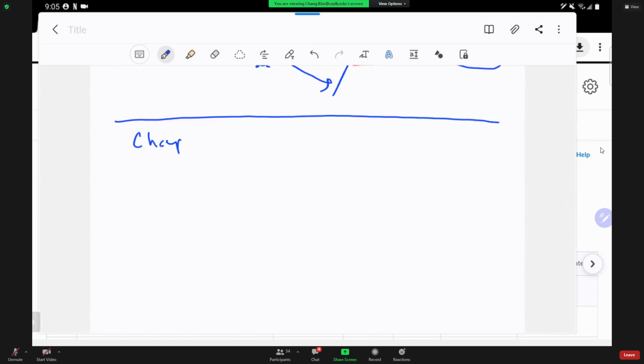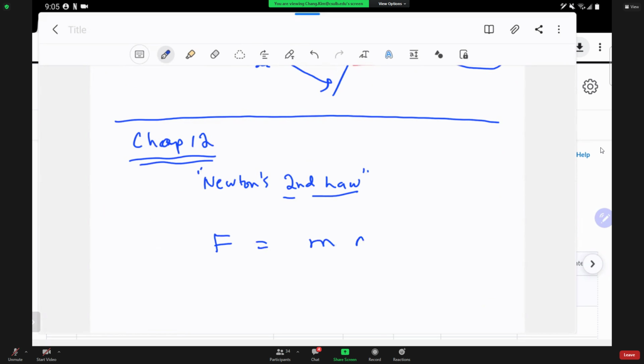Last time in chapter 12, we talked about Newton's second law. When you say second law, that would be force is equal to ma.